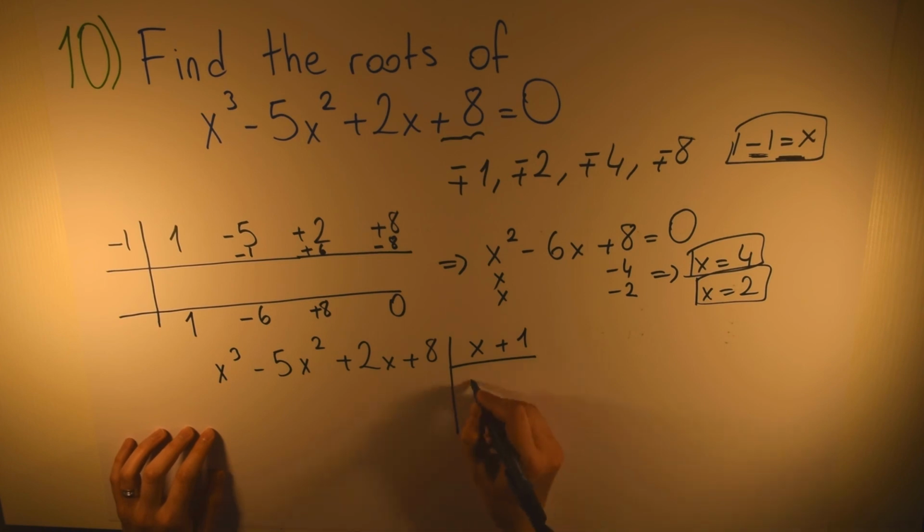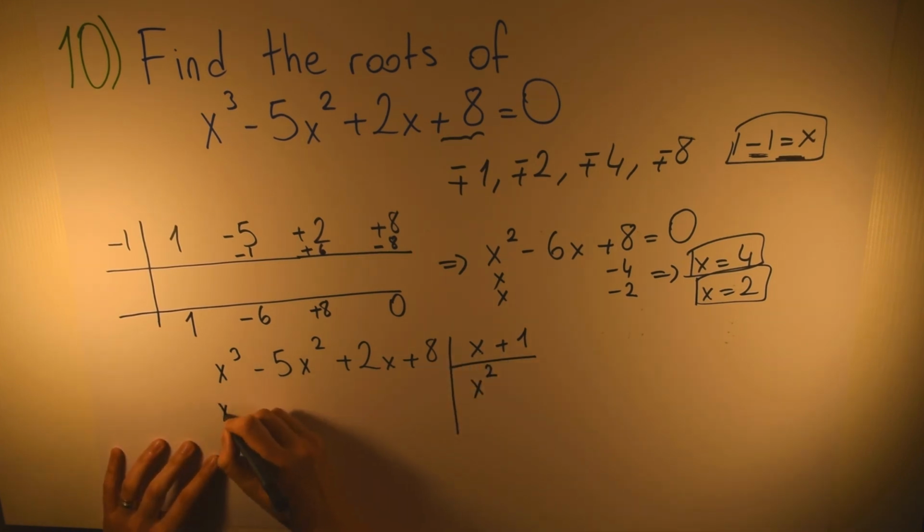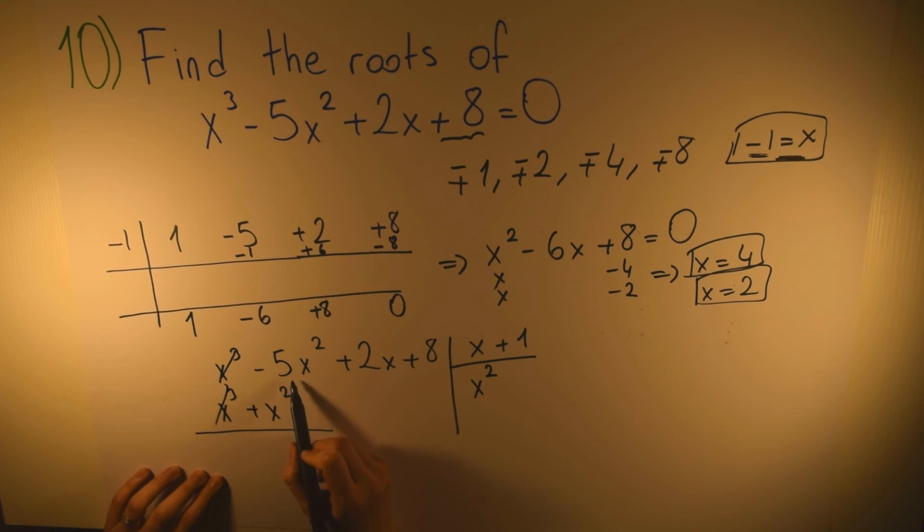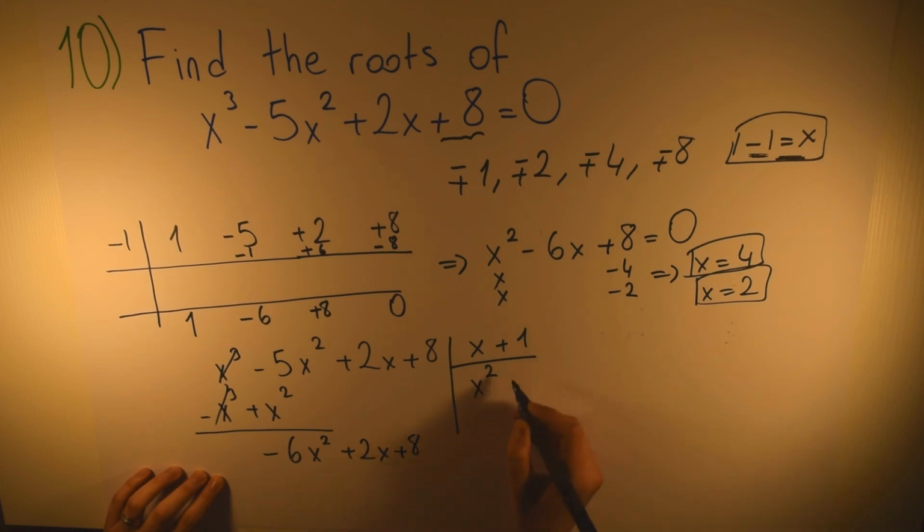After that I have to multiply this by x squared. It is x cubed plus x squared. Okay, this will cancel out, and from here minus 5x squared minus x squared is equal to minus 6x squared plus 2x plus 8. So I have to multiply this by minus 6x.